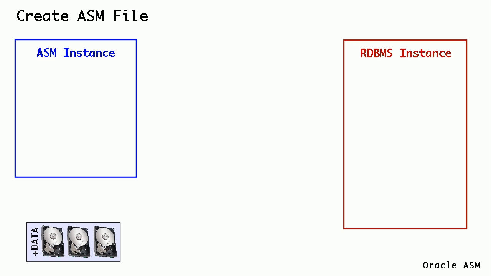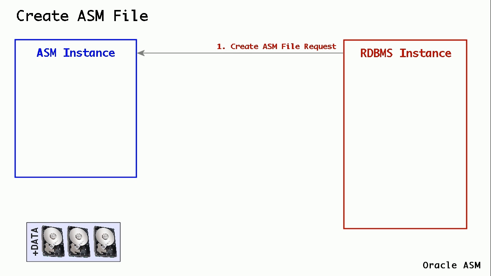Now, let us understand how Oracle Database creates an ASM file in ASM Disk Group. When Oracle Database Instance wants to create ASM file, it sends create ASM file request to Oracle ASM Instance.